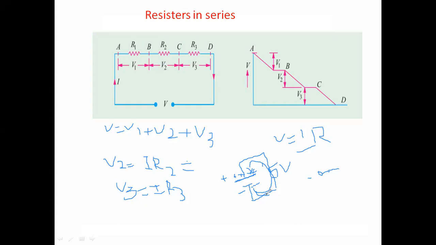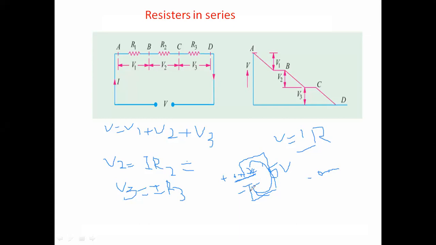Current is the result of the applied potential. Without voltage, there is no current. Due to the voltage only, we get the current when that voltage is connected to some circuit. I think you are catching my points. Suppose we have a battery, like the small battery in a wall clock. There is a separation of positive and negative.